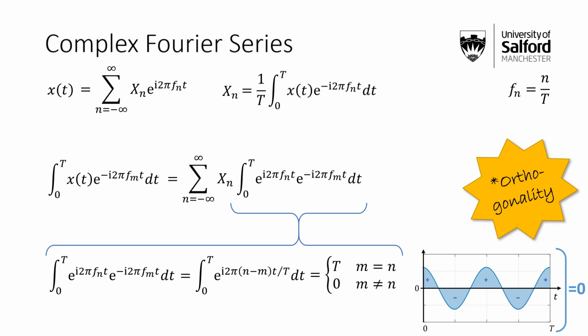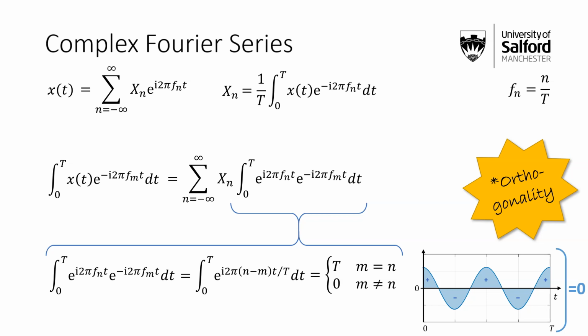And again, this follows because all these frequencies are harmonics of the repeat period T. That's why it works. And it follows naturally, as you saw from the previous slide, from the cosine and sine relation. So they're all interrelated because they're all related by Euler's formula.